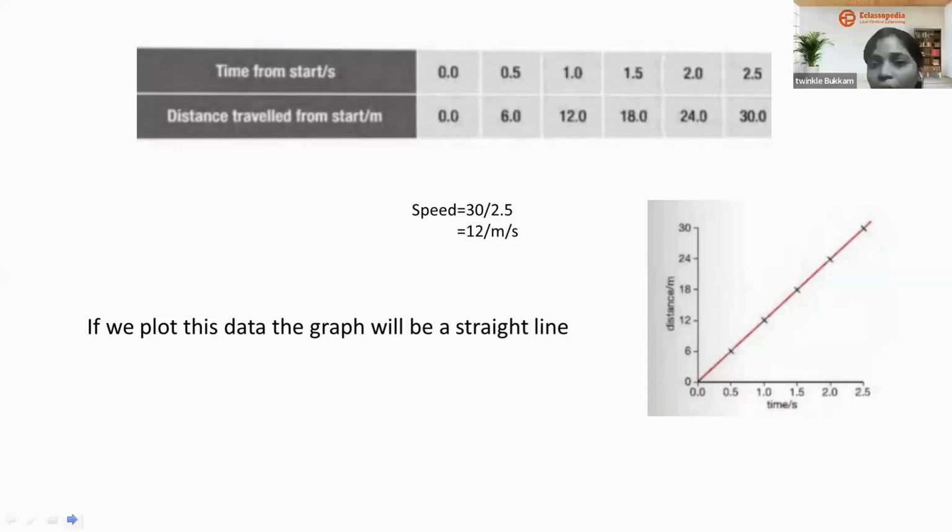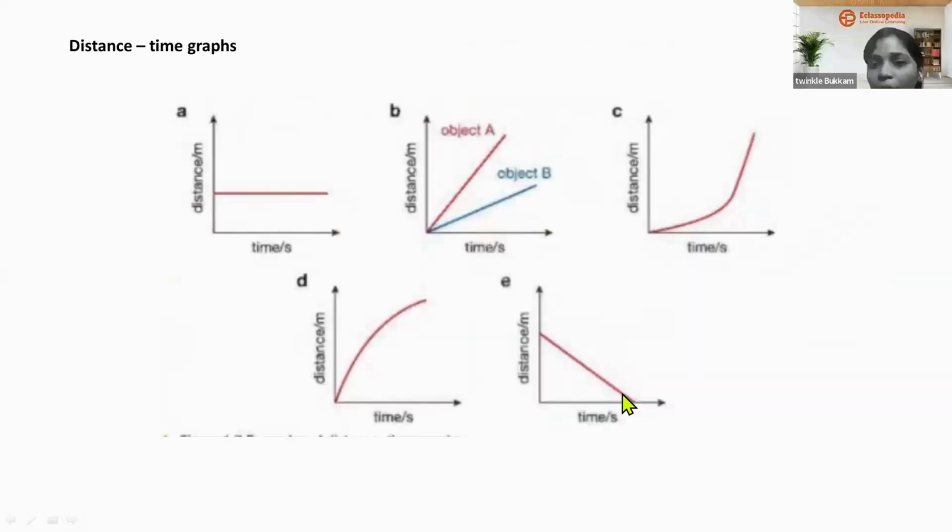There are some types of distance time graph. We will see each one of them separately. This distance time graph is of a car. We'll see the distance is not increasing at all. Is the distance increasing? No. But the time is constantly increasing.